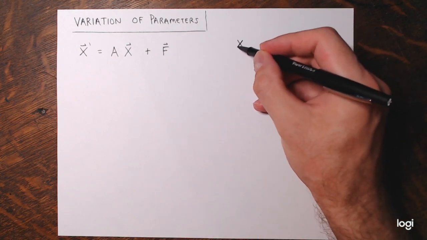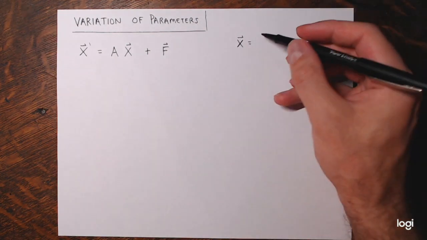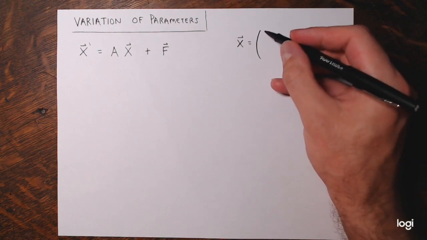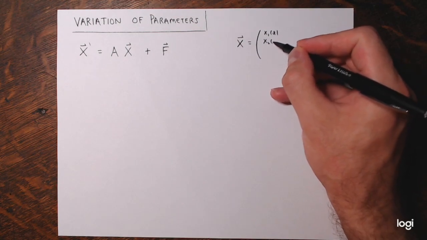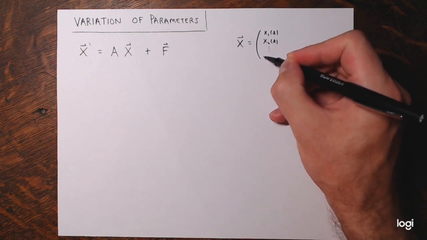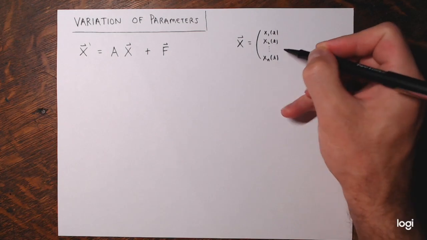So x is made up of functions x1 of t, x2 of t, all the way down to xn of t.